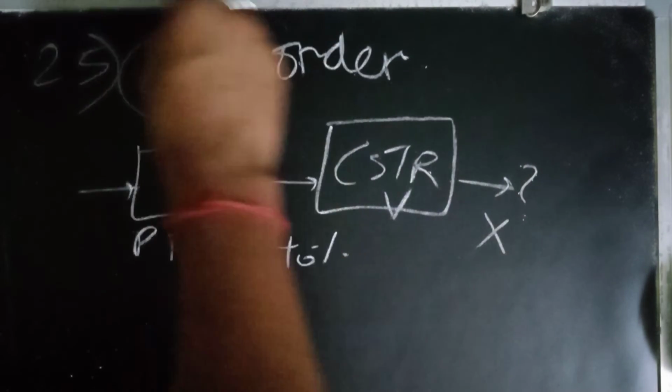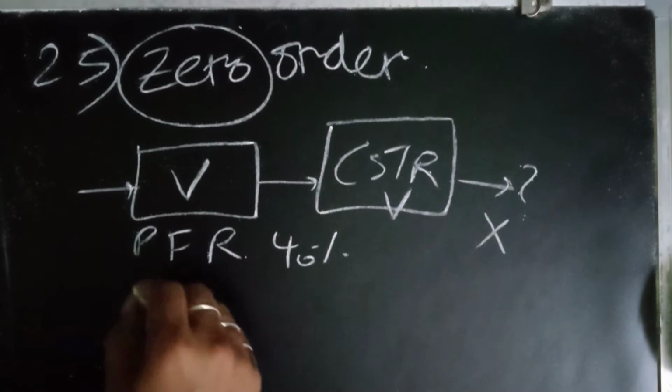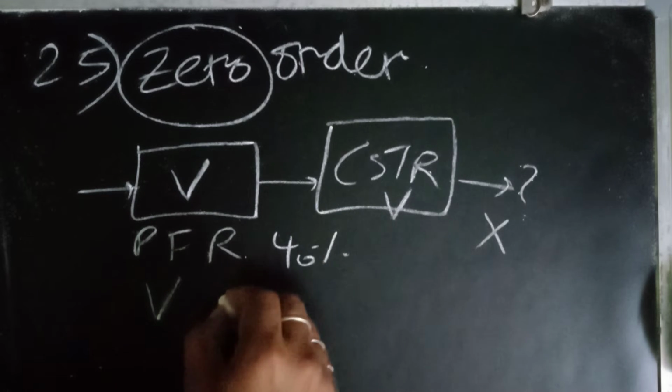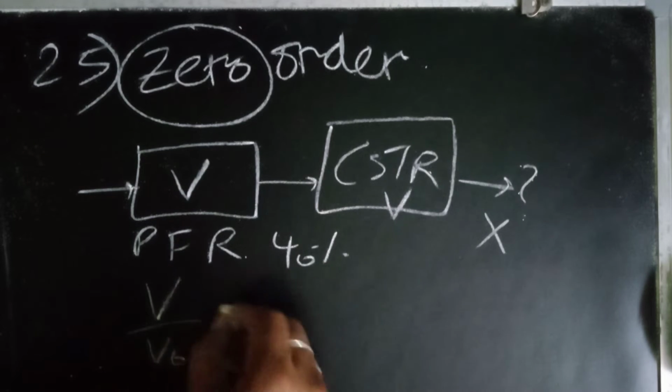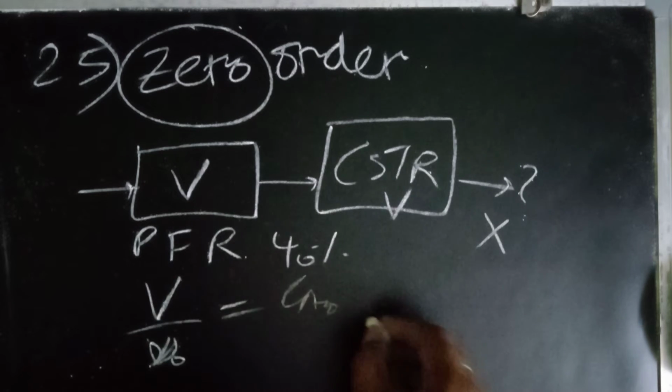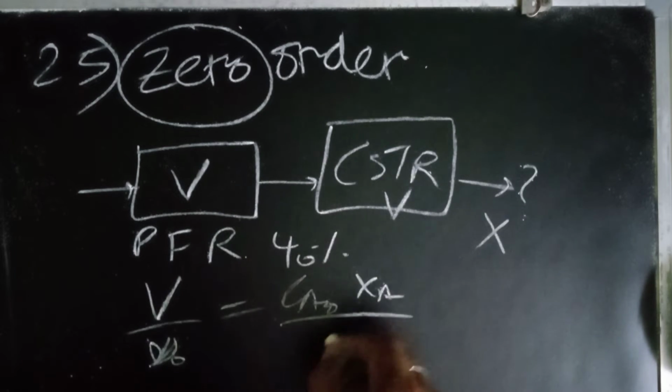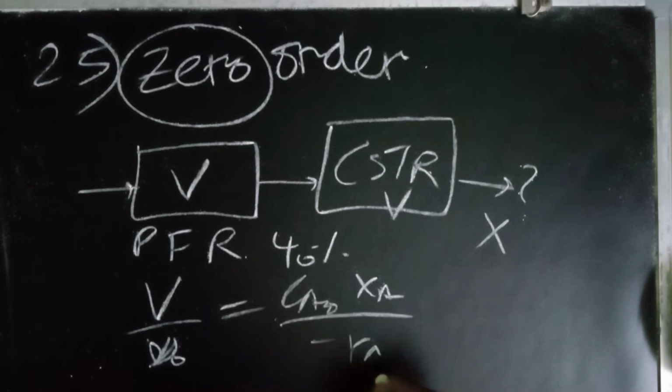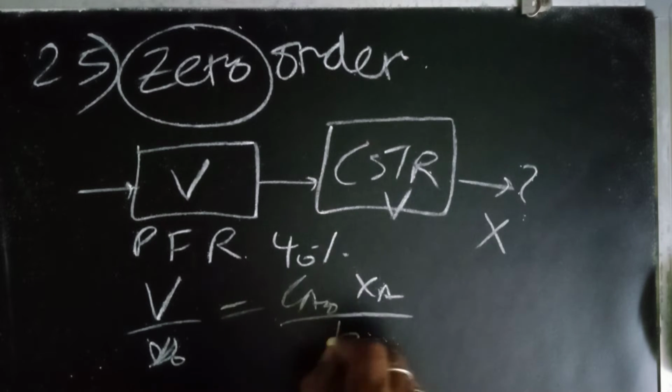Now it's a zero order reaction, so I don't think you need to calculate, because V by v naught is equal to Ca naught XA upon minus RA, which would become just k.